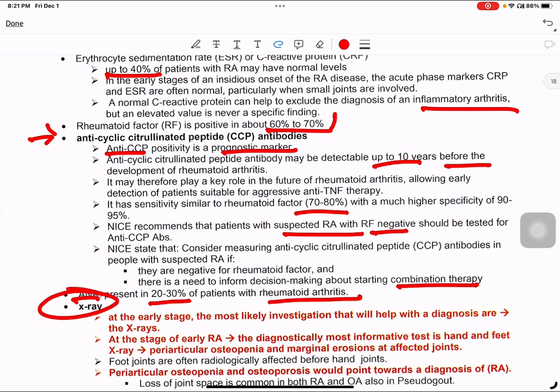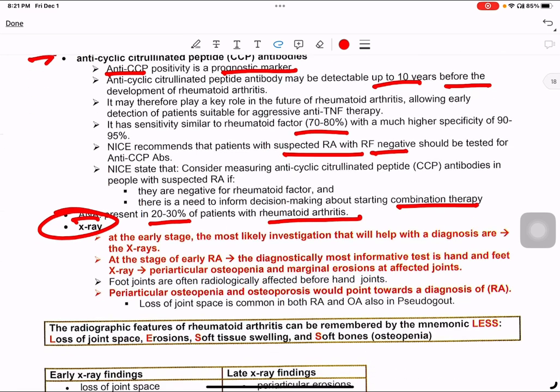Now the X-ray findings of rheumatoid arthritis. At early stage, the most likely investigation that will help diagnosis is X-ray. So at the stage of early rheumatoid arthritis, the most important investigation is the X-ray of the hand and X-ray of the foot, where we can get periarticular osteopenia and marginal erosion.